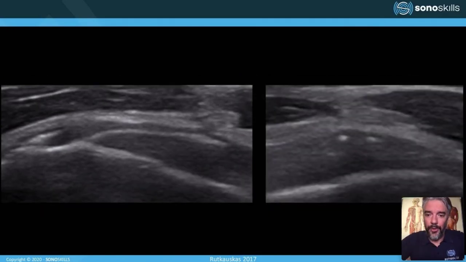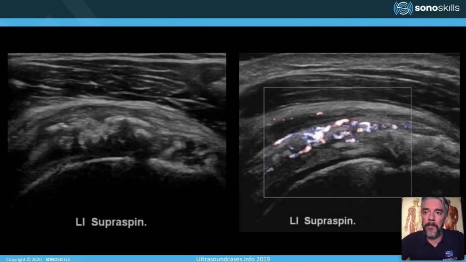And please know that sometimes in longitudinal you can see them very well, and in transverse they might be very small. So really look well, toggle your transducer. Sometimes they might be highlighted or pop up when you toggle.